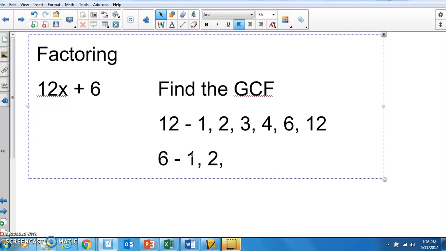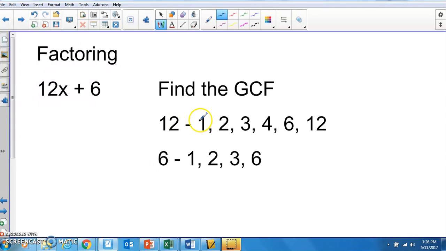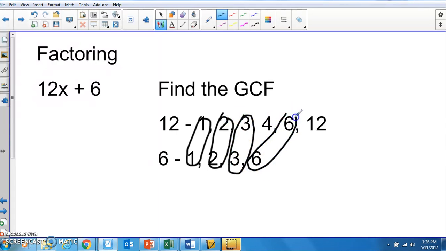I know 2 times 3, and I already said 6, so I put that there. So those are my factors. And what I want to do is find my common factors. So my common factors for 12 and 6 would be 1, 2, 3, and 6. So which one's my greatest? It would be the 6.